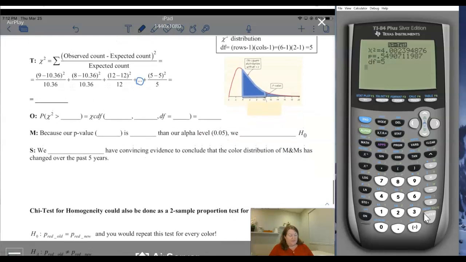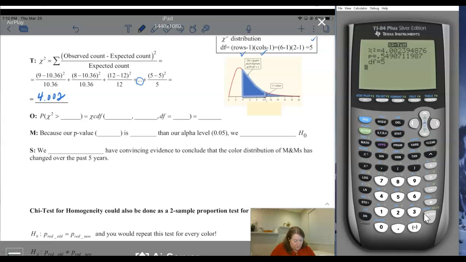Okay, so I know that if I add these all up together, it says it's going to be 4.002. So remember, our chi-squared is skewed to the right, and its degree of freedom is going to be the number of rows minus 1 times the number of columns minus 1. So we still have a degree of freedom of 5 on this one.